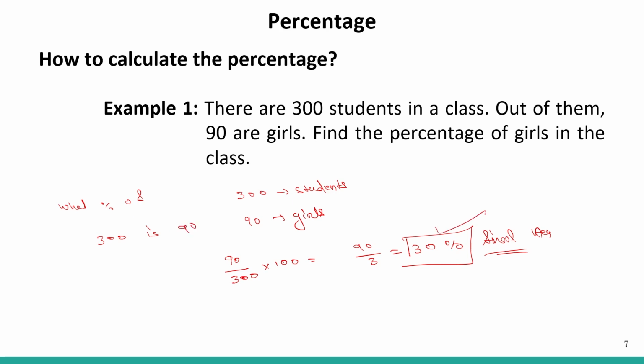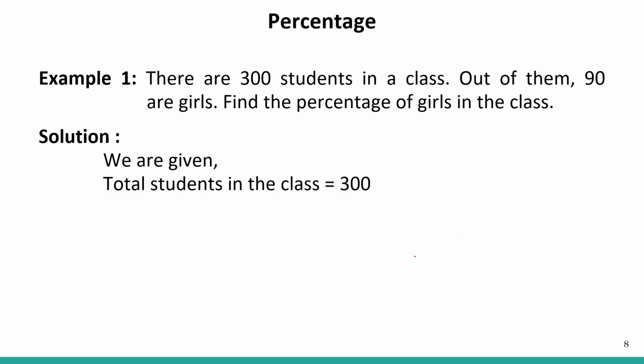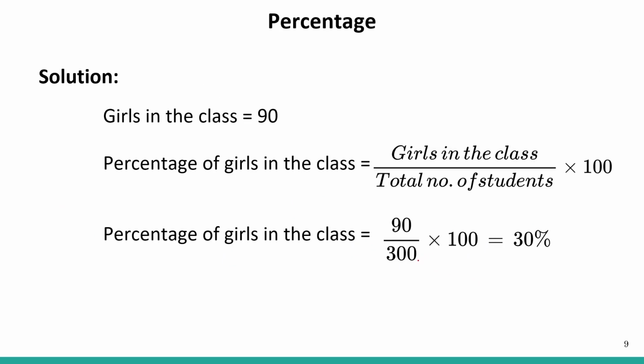So this is 30%. So 30% will be the answer. Okay, so we are given total students in the class 300. So girls in class is equal to 90. Percentage of girls in the class is equal to girls in class by total number of students, that is 90 by 300. So that will be multiplied with 100, and percentage of girls in the class is 90 by 300 into 100 is equal to 30%.